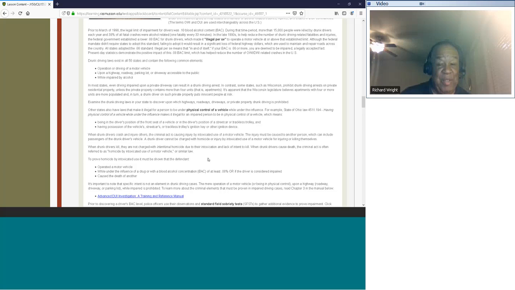This is the definition of physical control of a vehicle. Pay close attention. Being in the driver's position of the front seat or in the driver's position of a streetcar or trolley, and having possession of the vehicle's keys or other devices.